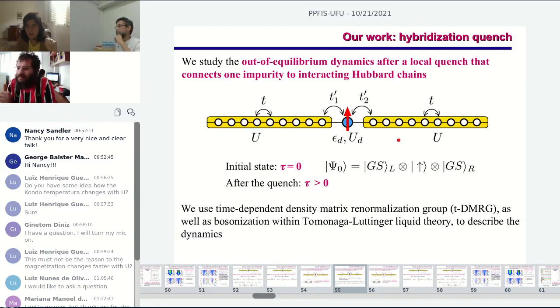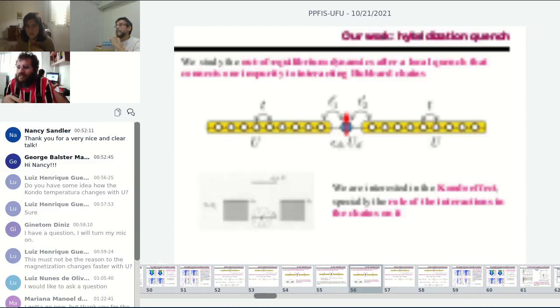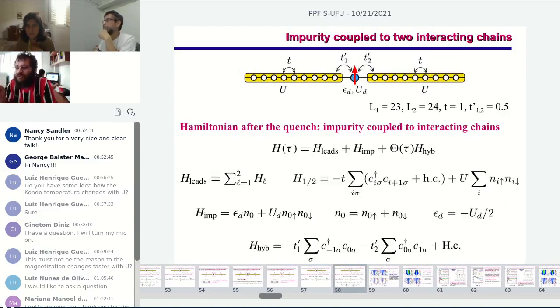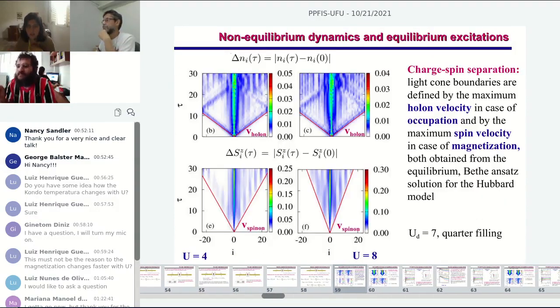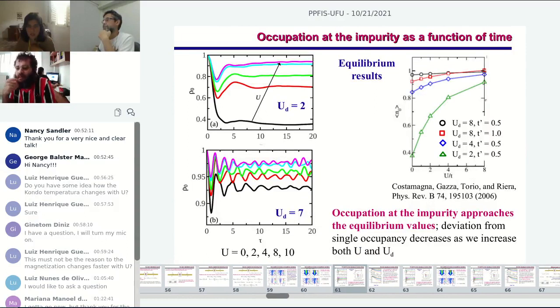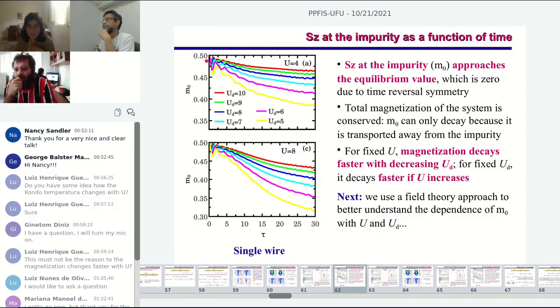Not a magnetic moment, that's a magnetization, right? So at time equal to 0. Now t plus delta, just right after you couple the system, right? Yes. Then that's what we have here in the plot, right?